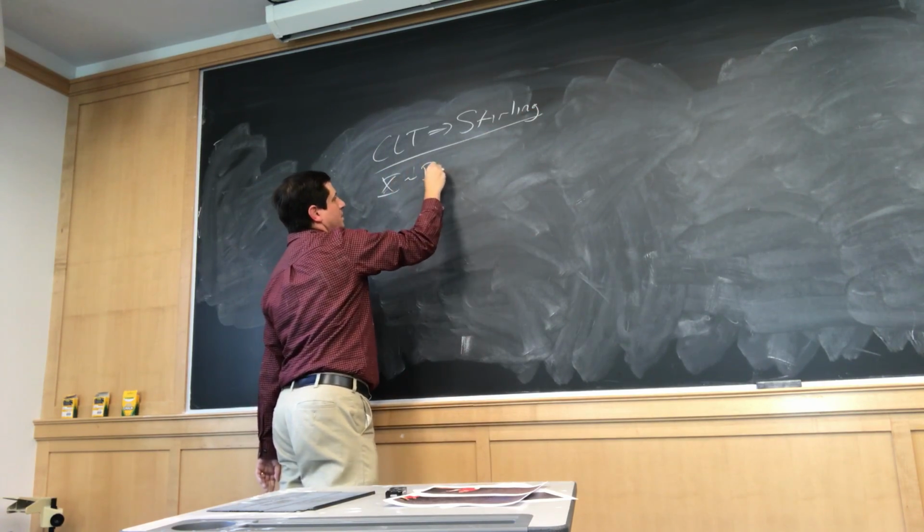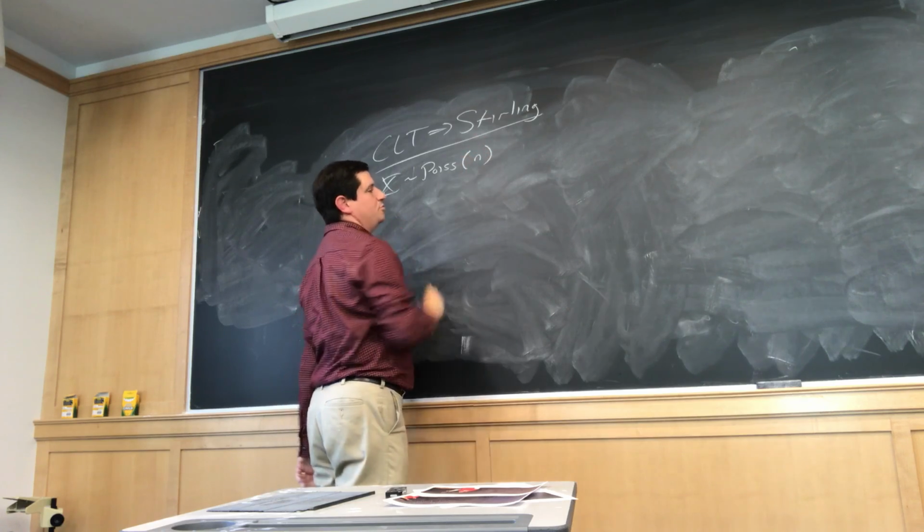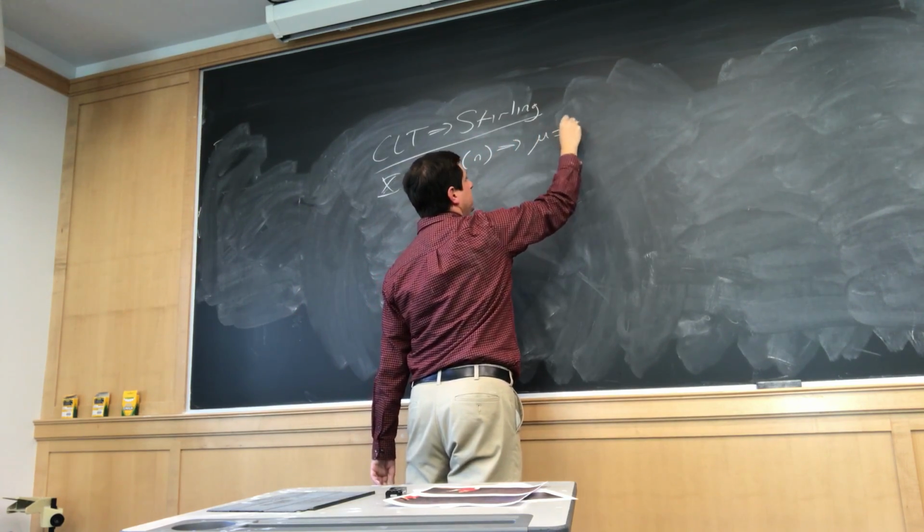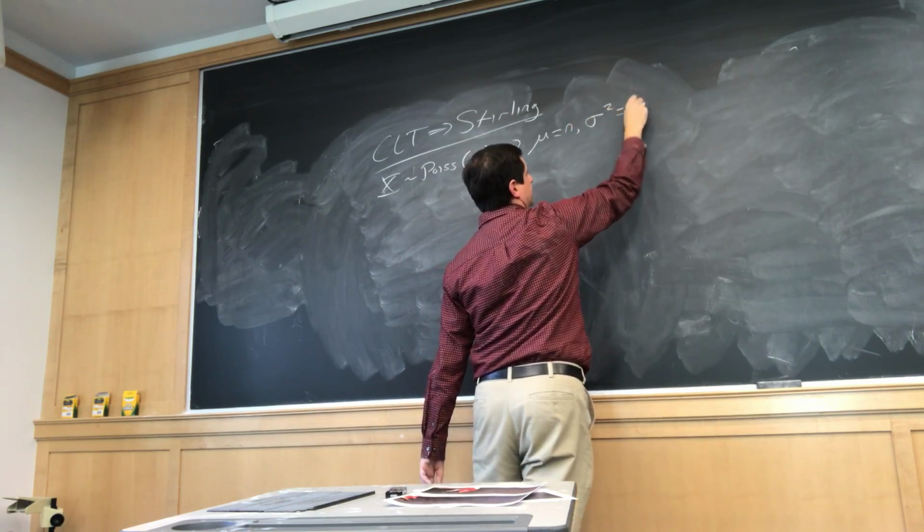So X is Poisson with parameter n, which implies it has mean n and variance n.